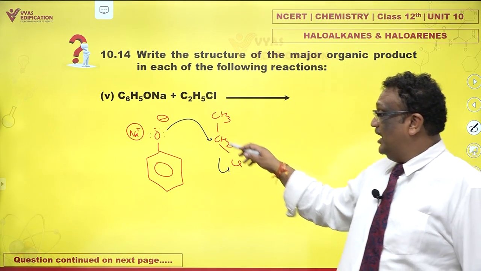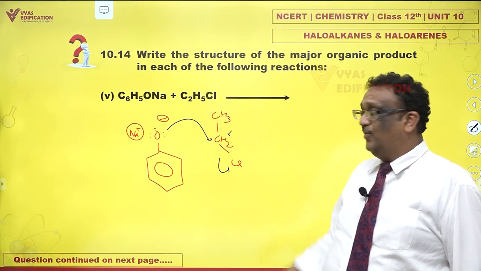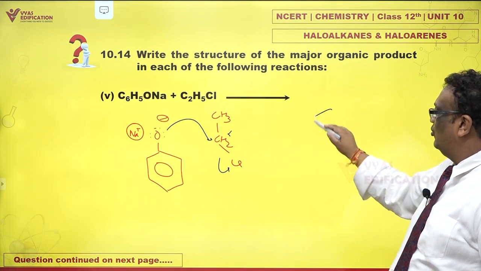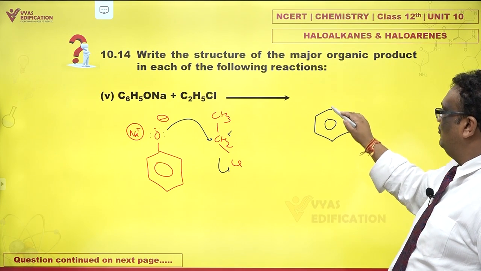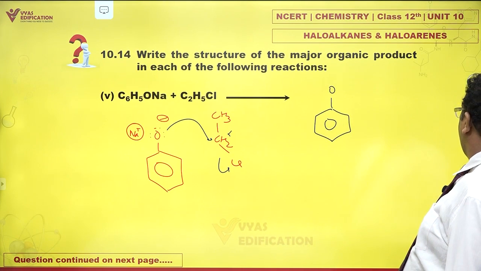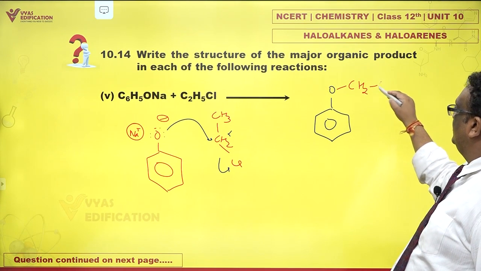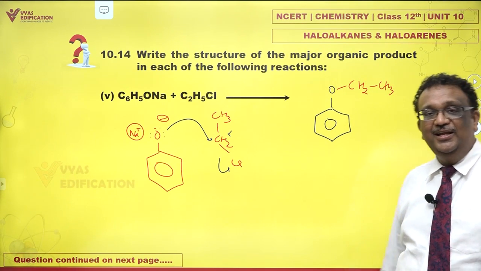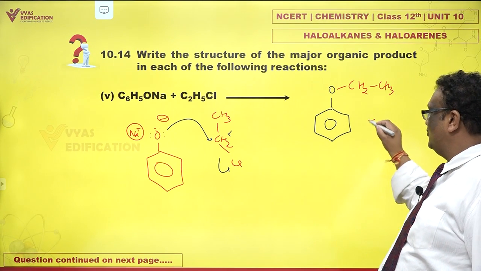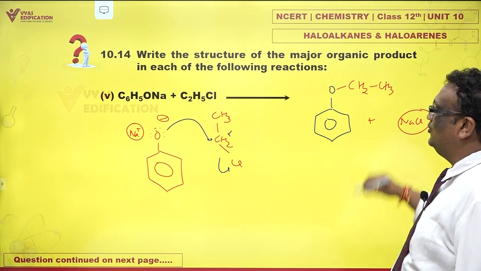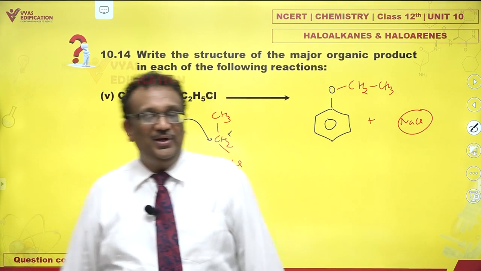Whichever carbon to which halogen has been attached is the alpha carbon, and that is the site of reaction. What do I get? It seems I am in for an ether. Yes. I get C2H5OPh plus, of course, Cl minus goes away. You have NaCl. You can use it for cooking food.